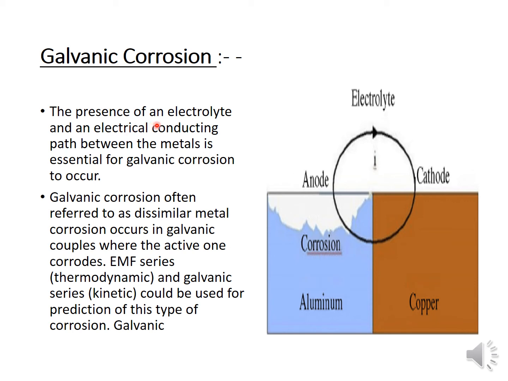The presence of an electrolyte and an electrical conducting path between the metals is required for galvanic corrosion. It is always referred to as dissimilar metal corrosion.